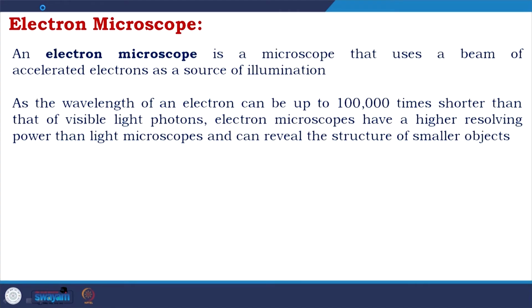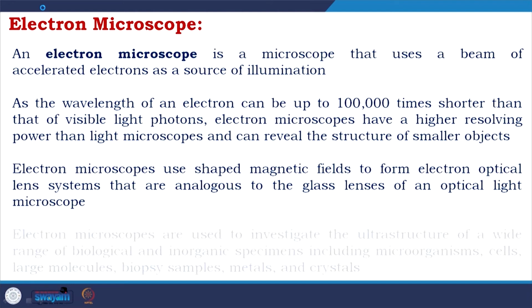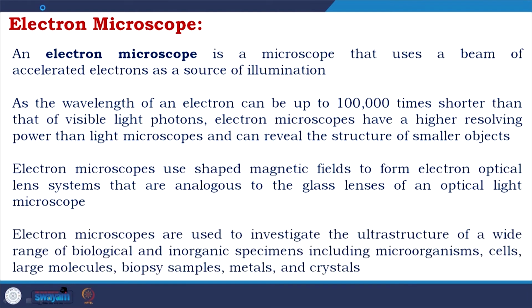So, long wavelength, less resolution. Electron microscopes use shaped magnetic fields to form electron optical lens systems that are analogous to the glass lenses of an optical light microscope. Electron microscopes are used to investigate the ultrastructure of a wide range of biological and inorganic specimens, including microorganisms, cells, large molecules, biopsy samples, metals and crystals.